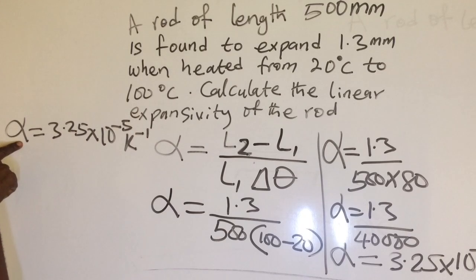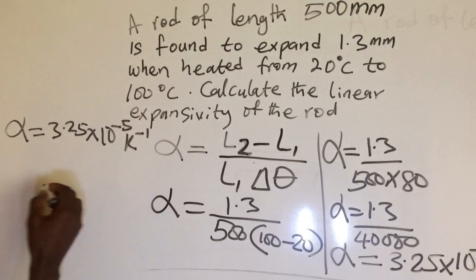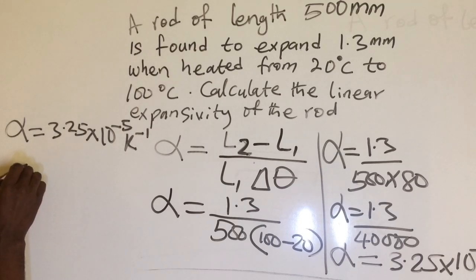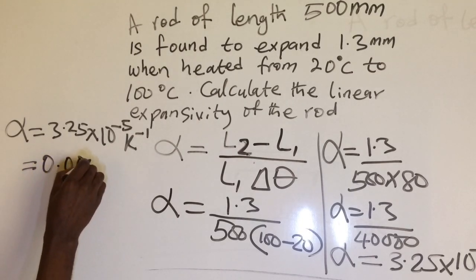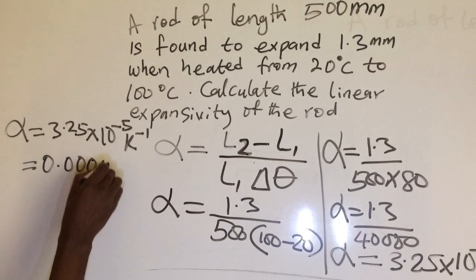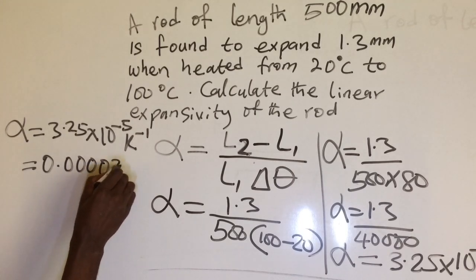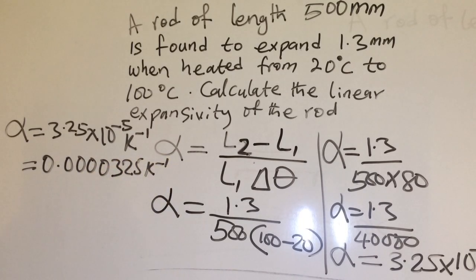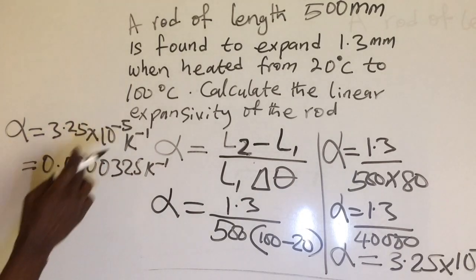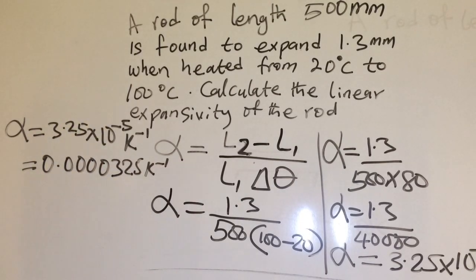The unit of linear expansivity is per Kelvin, which if we reduce it to decimals, we now have 0.0000325 per Kelvin. That is the final answer, okay? This is in standard form, this is in decimal form. This is how to calculate.